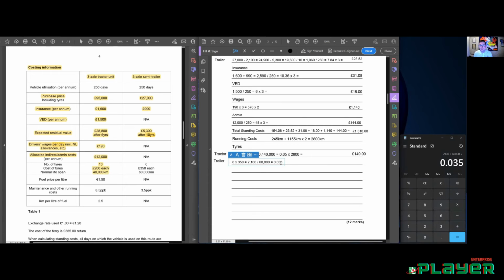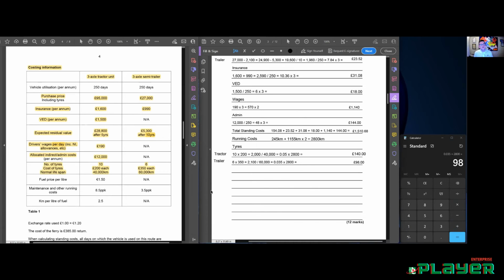So that is 3.5 pence per kilometre. Same again, they're doing the same amount of kilometres for the whole journey, so I'll times it by 2,800. Giving me a tyre cost for the trailer of £98. Brill, done the tyres, fantastic.